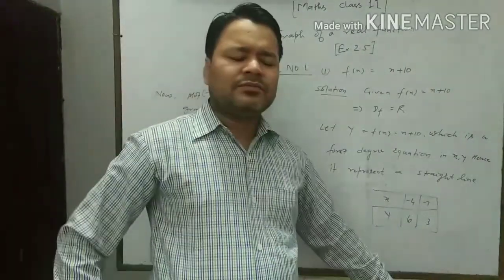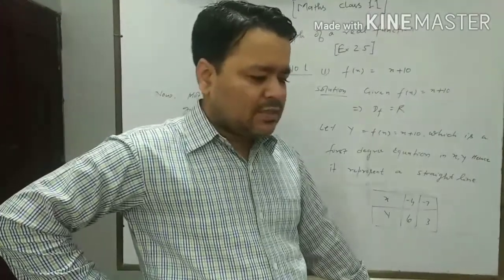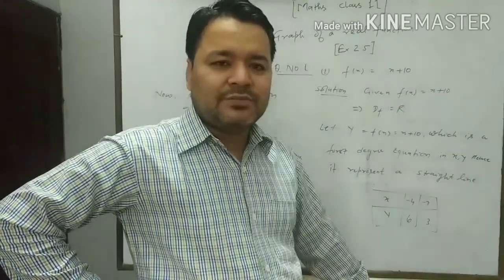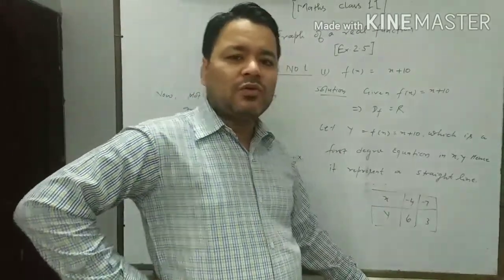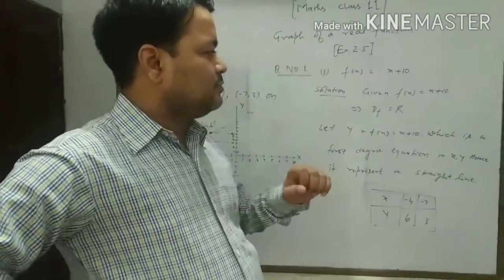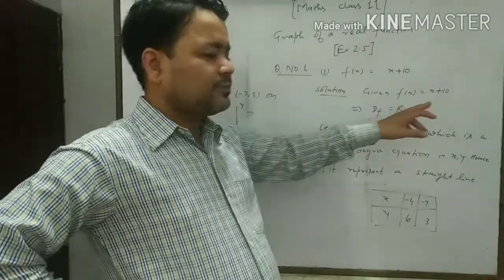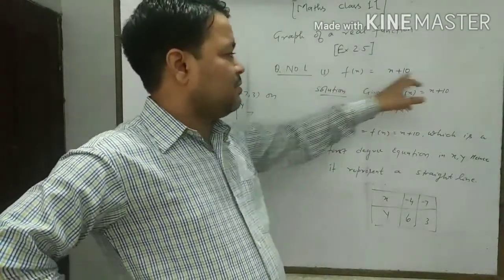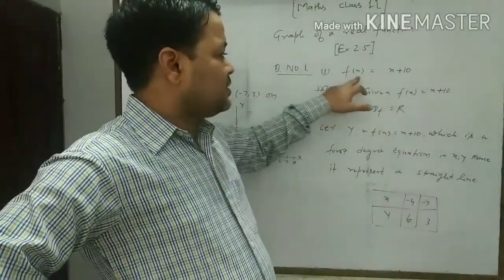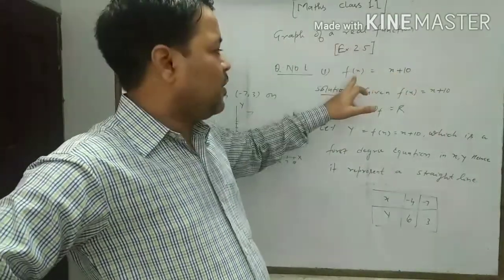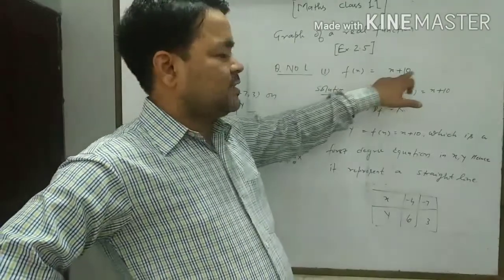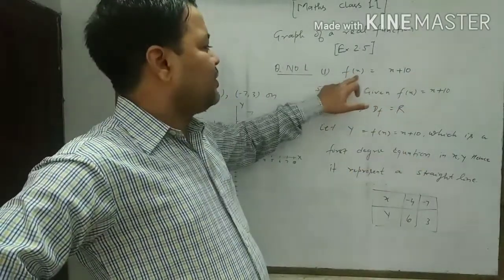Just like we solved in class 9th coordinate geometry, similarly here also we try to make a diagram of this type of equation. What is the difference there and here? Here f(x) is equal to this much, and at that place y is equal to that much. In class 9th, y = x + 10, but here in class 11, f(x) = x + 10.